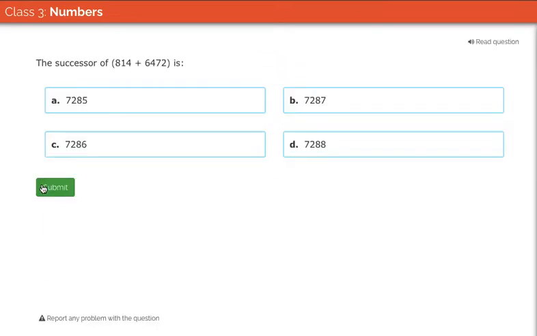You've got it. The successor of 814 plus 6,472 is. So we have to add these numbers.